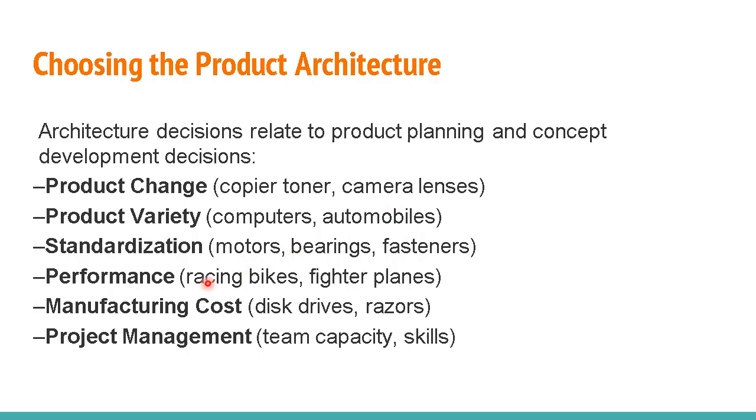Product variety examples are computers, automobiles, and medical products, which come in various varieties. Standardization: bearings are standardized, motors are standardized, fasteners are standardized.